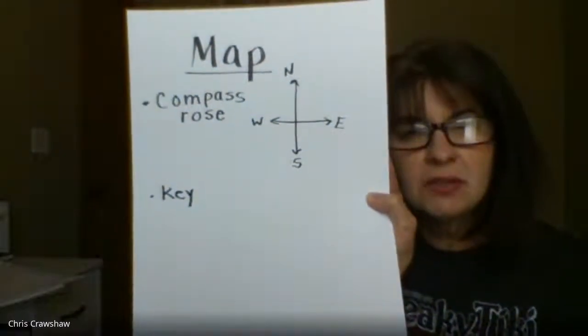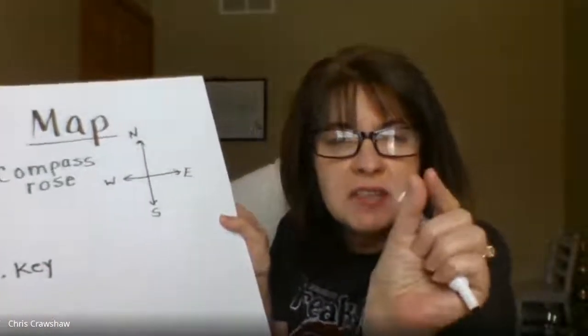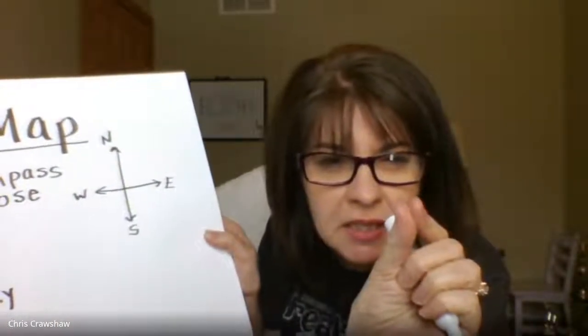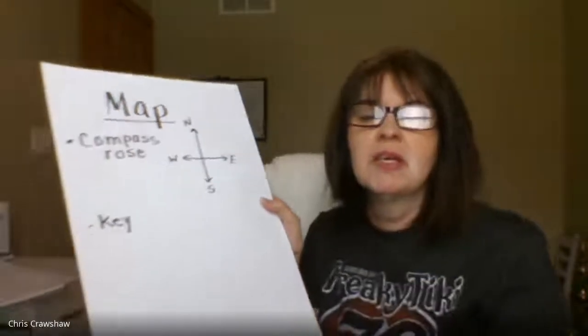Another thing that maps have is called a key. And the key is like the directions that we have to kind of look at sometimes. And the key tells us how big the map is. Like if it has a little tiny space like this, it really isn't just this far. It's really maybe like 10 miles or something. So it tells how far that would be.